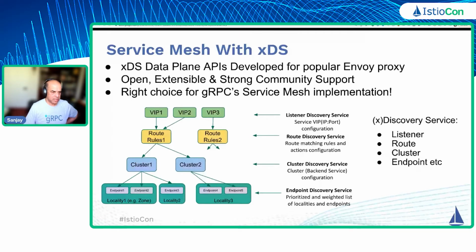gRPC adopted it and extended it for the implementation of the Proxyless service mesh. With this approach, a gRPC client receives the XDS configuration from the control plane consisting of route, cluster, and endpoint information, and it uses that to manage the outgoing gRPC traffic from the client side.